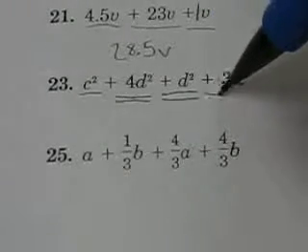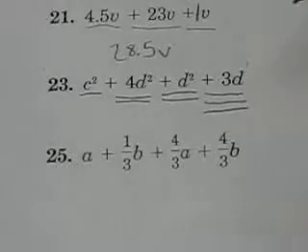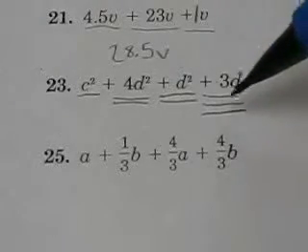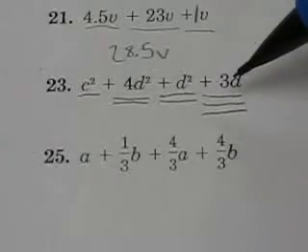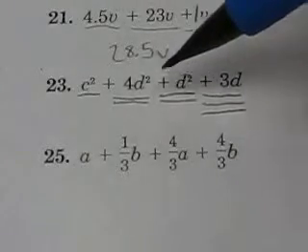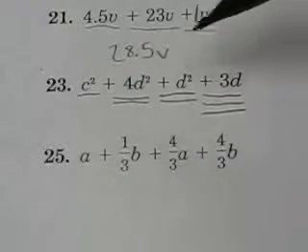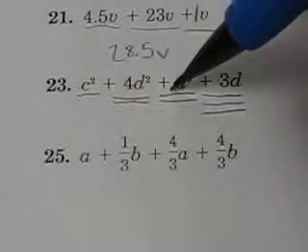And then we have plus 3d. I need to underline that 3 times, or you can come up with a different system for doing it, so that I can recognize that it cannot be combined with another term because there are no other terms that have just d as their variable. So the only things that we can combine on number 23 are the second and third terms.